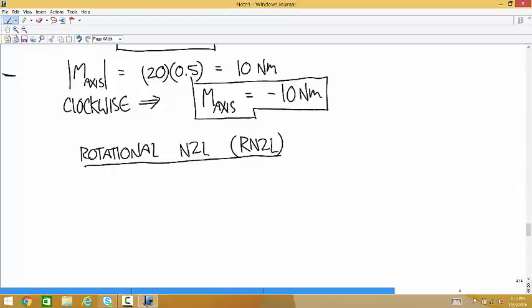And what it says is if you add up all the moments about the axis, that has to be equal to the moment of inertia about that axis times the angular acceleration.